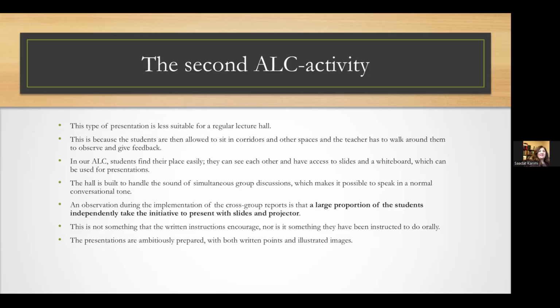This is not something that the written instructions encourage, nor is it something they have been instructed to do orally. The presentations are ambitiously prepared with both written points and illustrated images or slides.